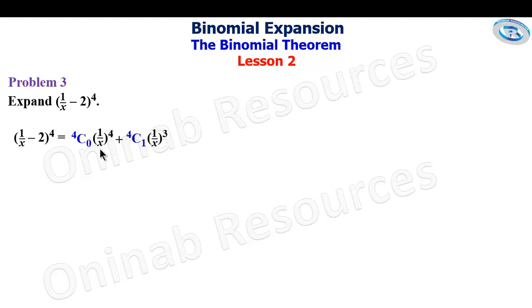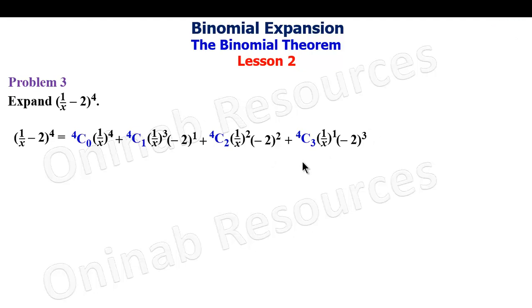Then the second term now, which is negative 2 raised to power 1 plus 4 combination 2 1 over x raised to power 2 negative 2 squared plus 4 combination 3 1 over x raised to power 1, then negative 2 raised to power 3 plus 4 combination 4. The 1 over x is gone, so we now have negative 2 raised to power 4.